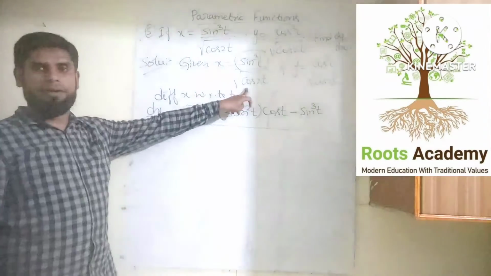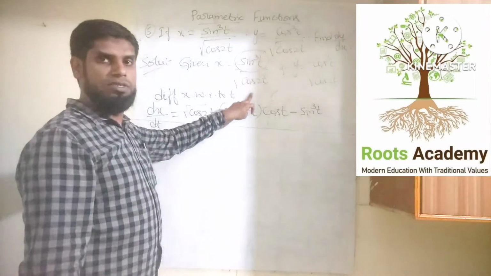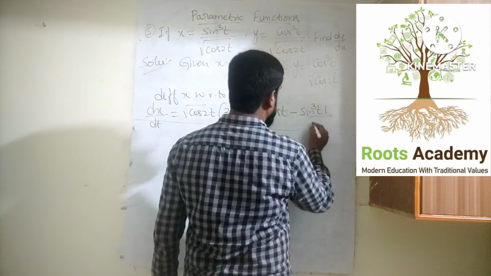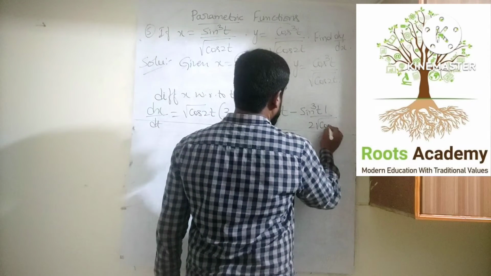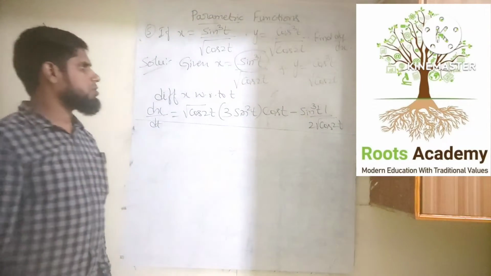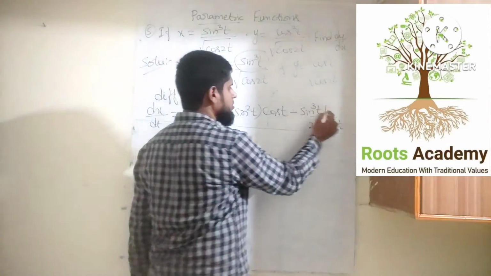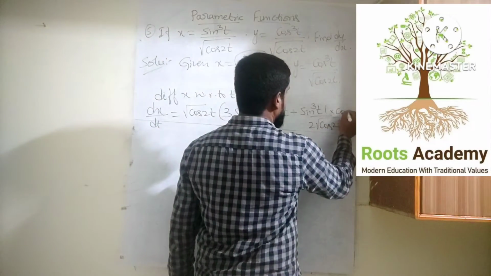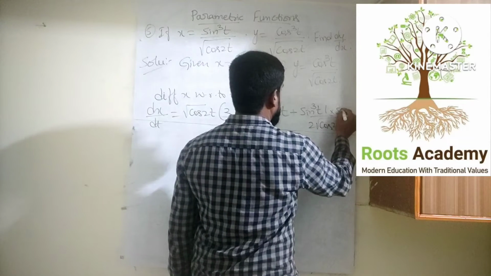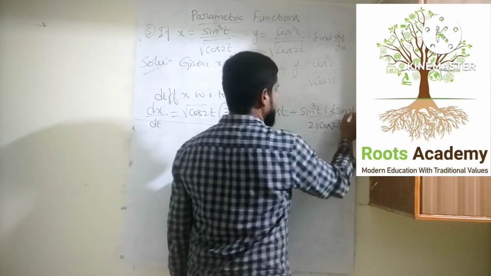the derivative of the denominator. In the denominator also we are using chain rule. First is a root function, then trigonometry. The derivative of root x is 1 divided by 2 root x, into the derivative of cos 2t, which is minus, already one minus exists, this becomes plus into sine 2t and 2 sine 2t.